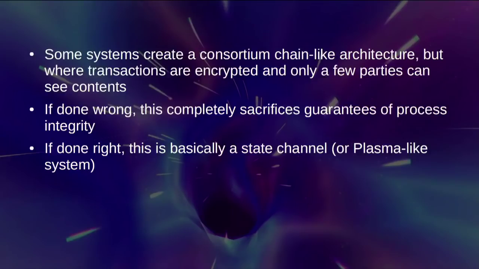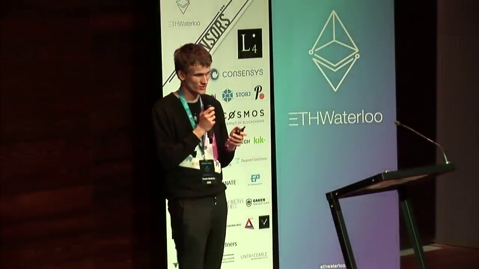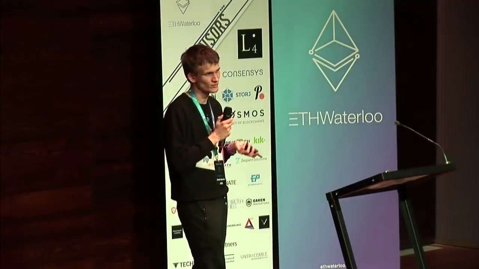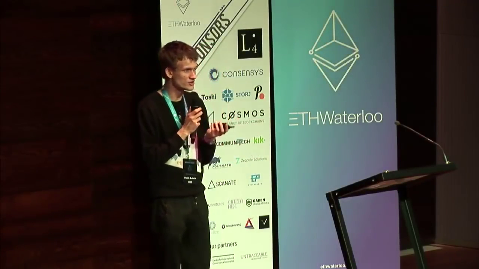If you do this right, and you can do this right, then this is basically a state channel or plasma-like system. So there are architectures that use this sort of stuff that do make some sense, but you do have to think somewhat carefully about how you use these kinds of architectures.